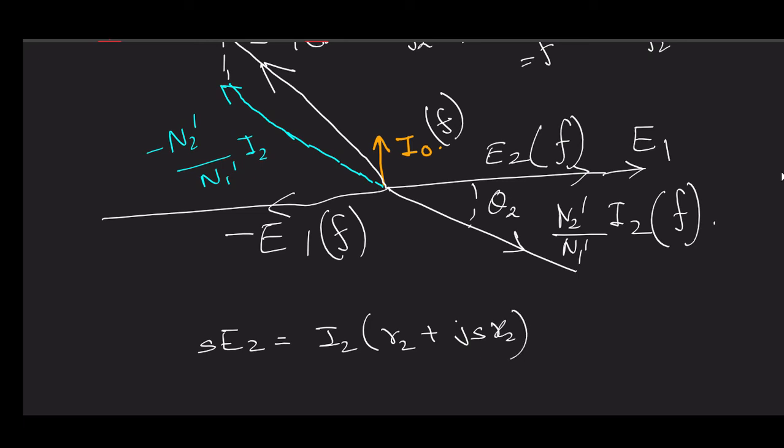So this gives you something that is well. Now one small manipulation we can do is divide both sides of this equation by S.